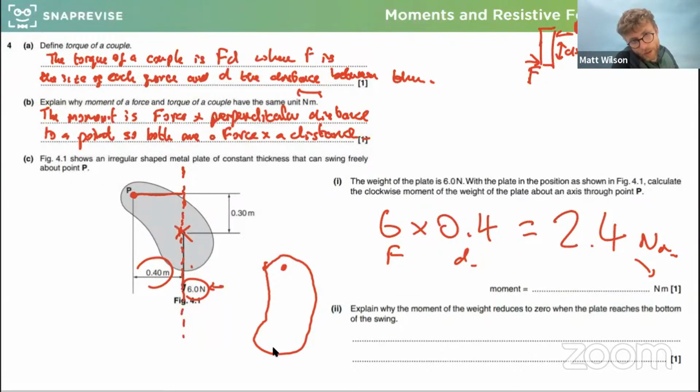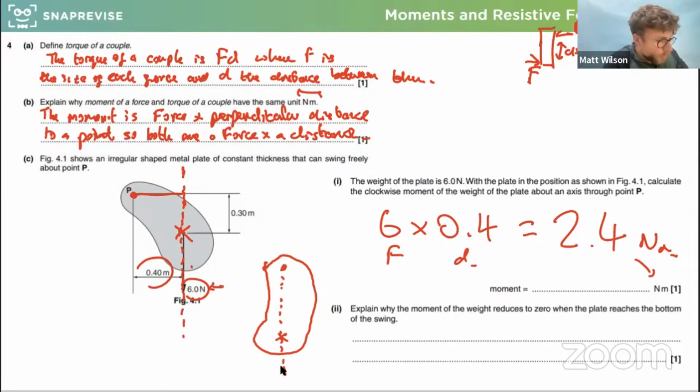Let's give this an X symbol. It's going to be when that is at its lowest possible point. And when it's at its lowest possible point, the idea is it's going to be directly underneath the point it's swinging around. Why is that important? Why is there no moment? Good final question, actually.